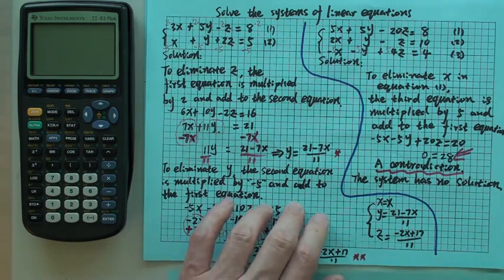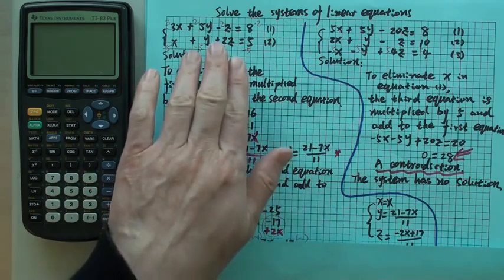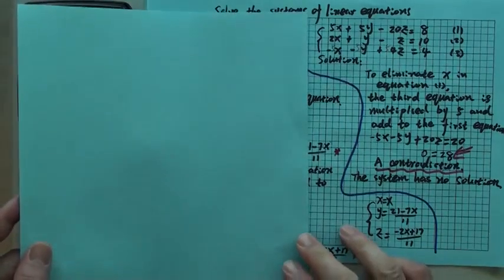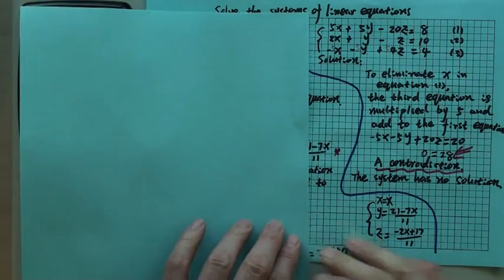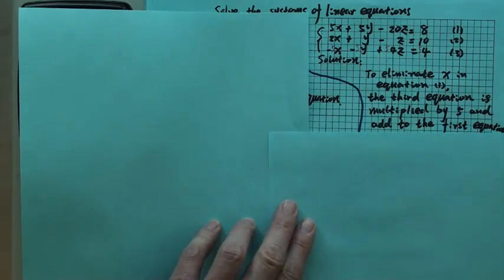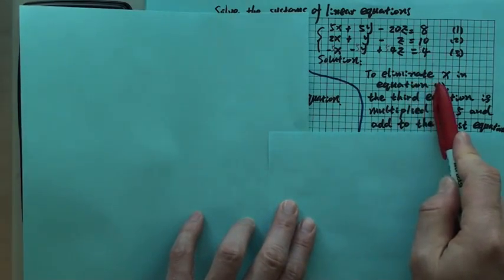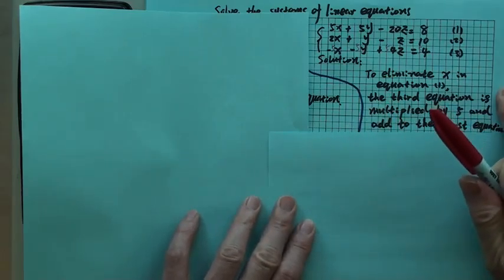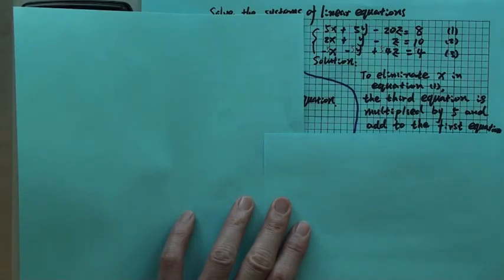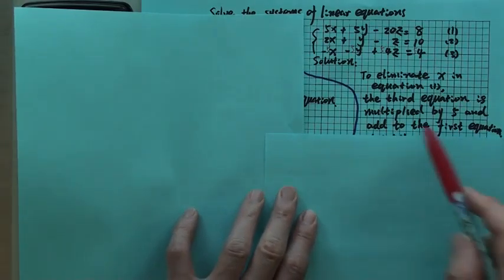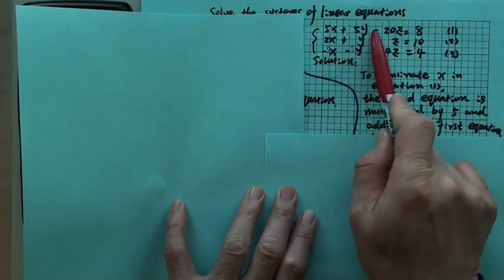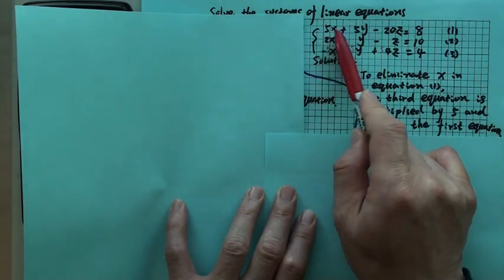Alright. Now, we are okay with the first one. How about the second one? For the second example, we want to eliminate x in equation 1. To eliminate x in equation 1, we can see here is positive 5.